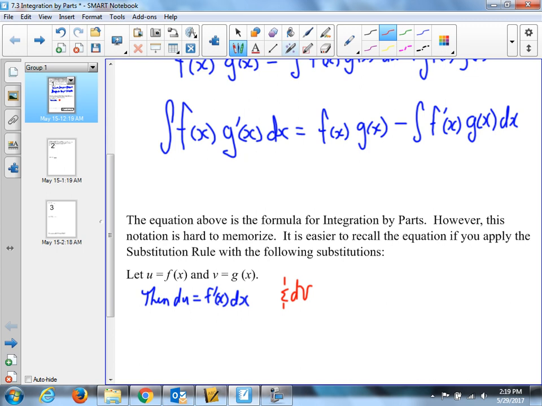And dv, this is not velocity, it's using v though. Same idea. Anywhere you see g prime of x dx, you're going to replace it with dv. Okay, so the above rule becomes, we'll sub it in.